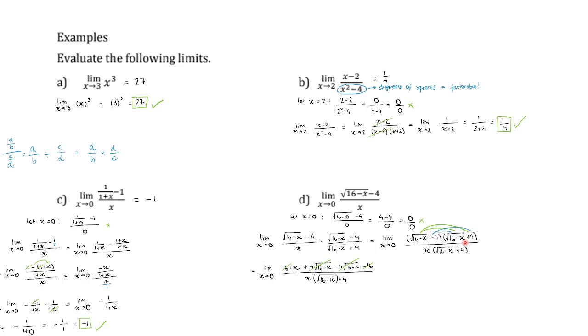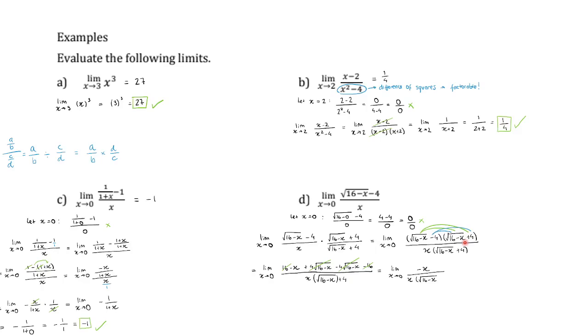And this is going to leave us with a negative x in the numerator. We haven't really touched the denominator, so we're going to have x times the square root of 16 minus x plus 4.